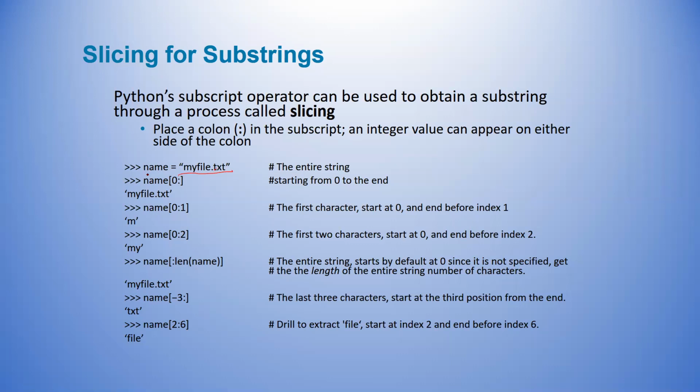This is the variable name for this string. When we do this, we start from 0 and go all the way to the end. This colon means that. So basically, it's the whole string, right?